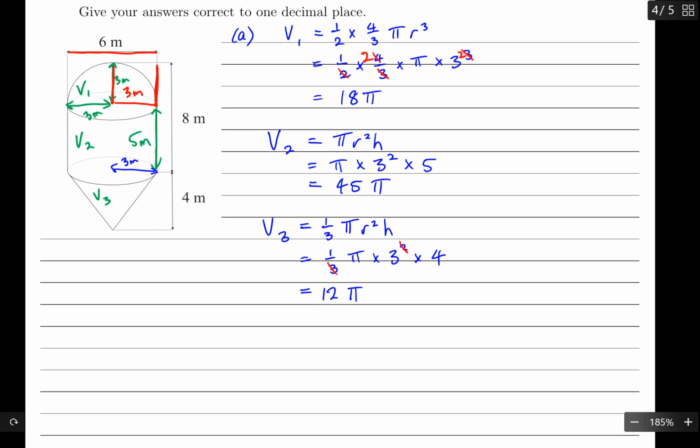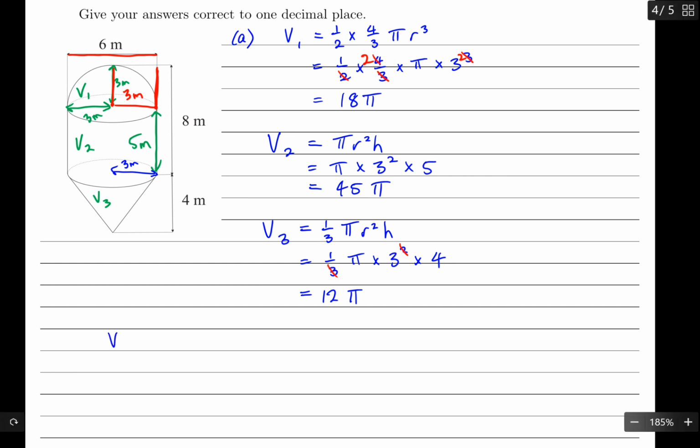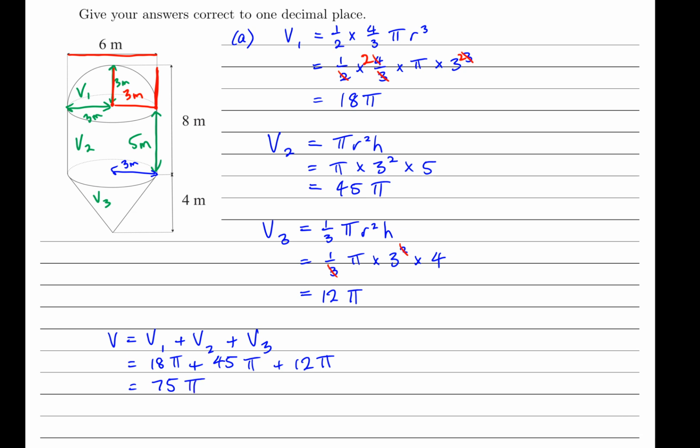So our total volume is going to be the sum of V1, V2, and V3, and we've worked all of those out. That's 18 pi plus 45 pi plus 12 pi, which is 75 pi, and that was meters cubed.